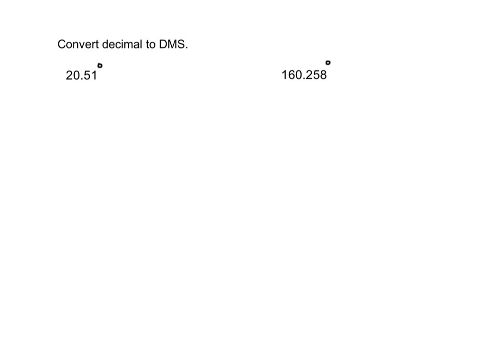So I have 20 degrees, and I'm going to add to that 0.51 times 60, because I want to take 0.51, or 51%, of 60 minutes. When I put that in my calculator, 0.51 times 60, I get 30.6 minutes. Now notice there's a partial minute, so I need to know how many seconds that is.